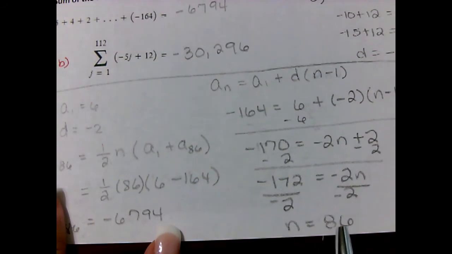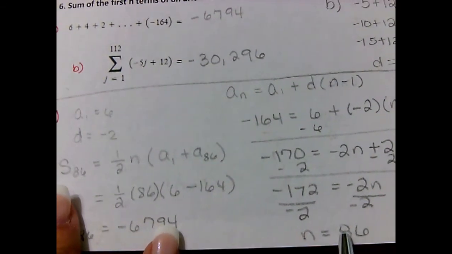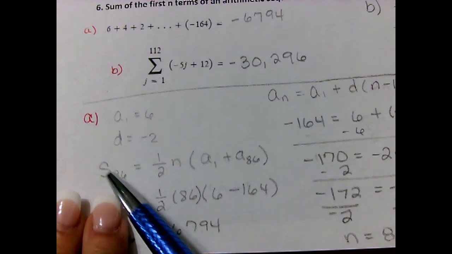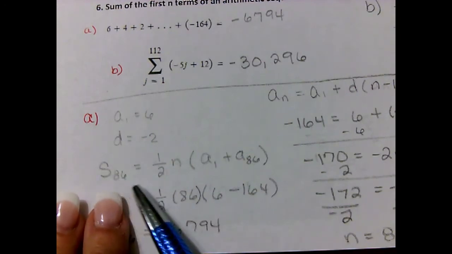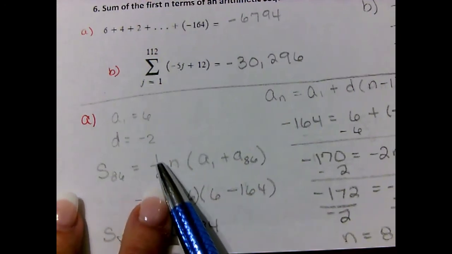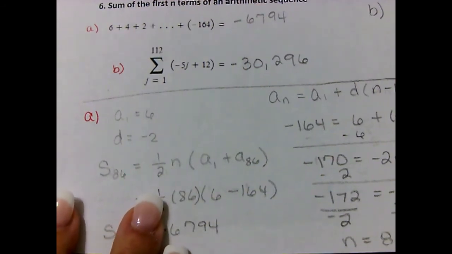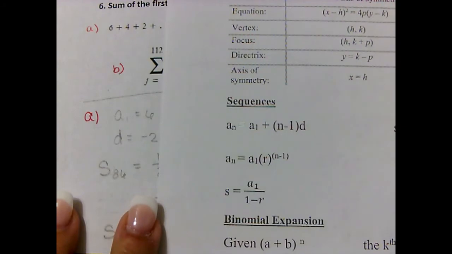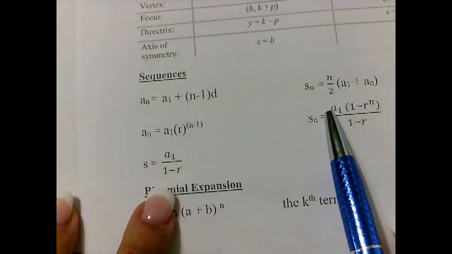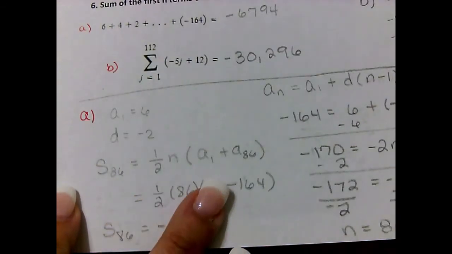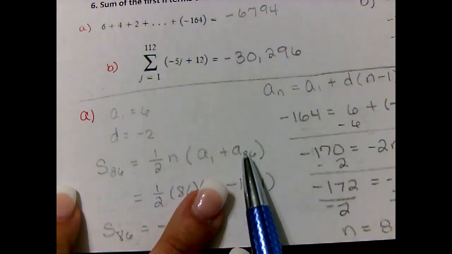Okay, now that I know n is 86, I can plug it into my summation formula. The sum of the first 86 terms is equal to n divided by 2. That comes from our formula sheet right here. Okay, a of 1 plus a of n, a of 1 plus a of 86.